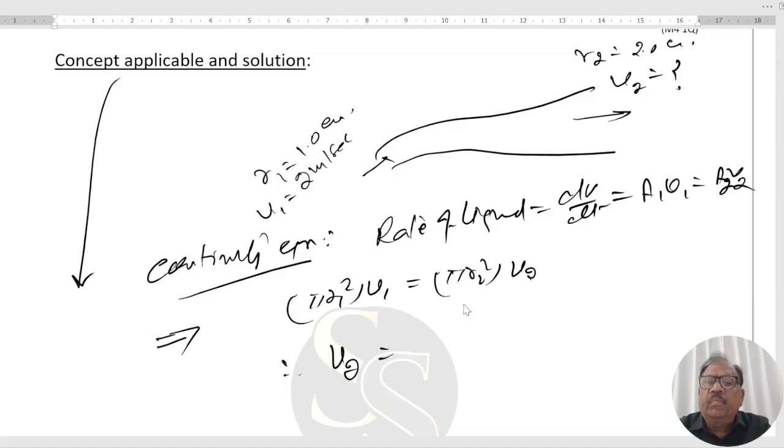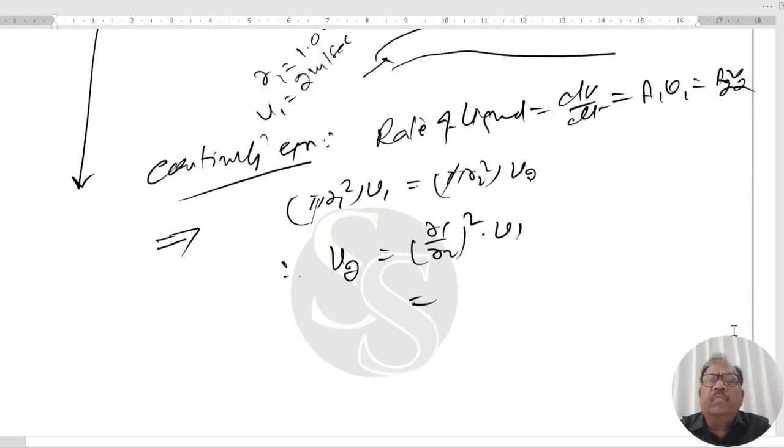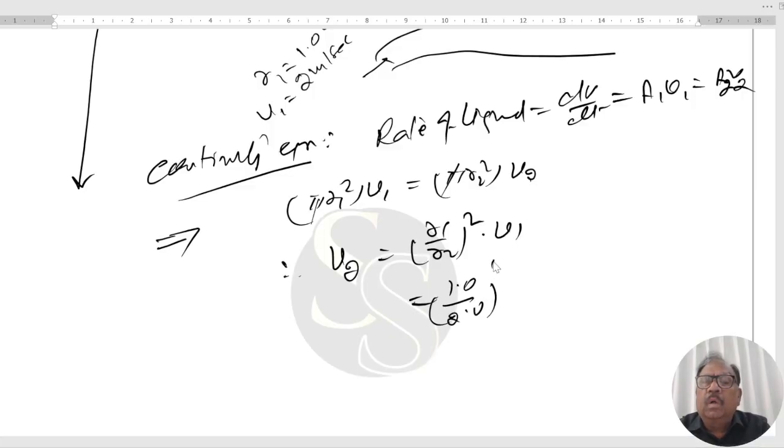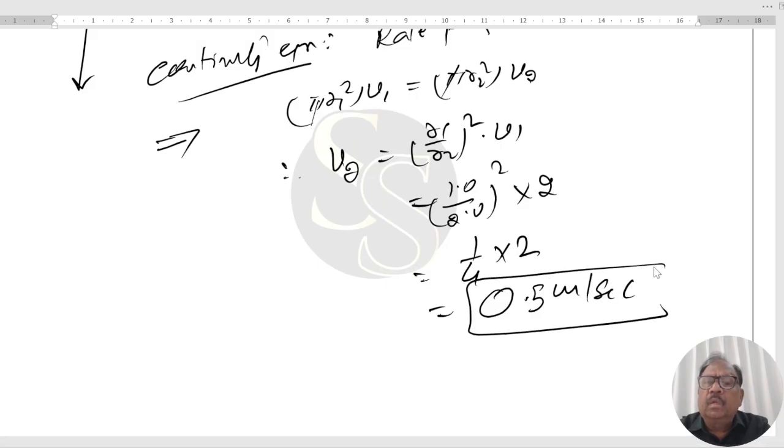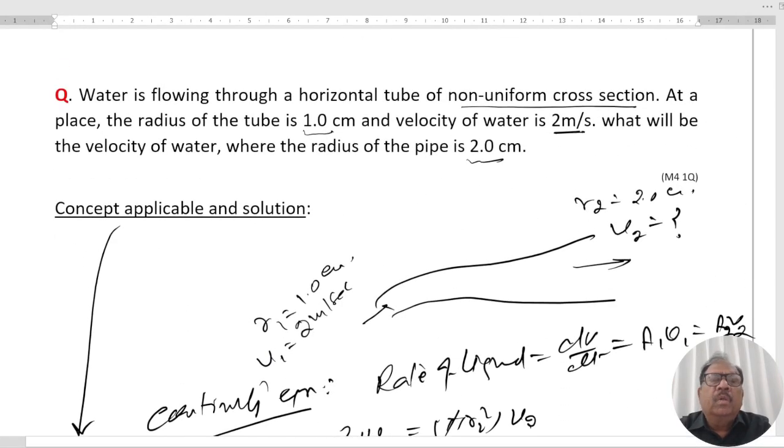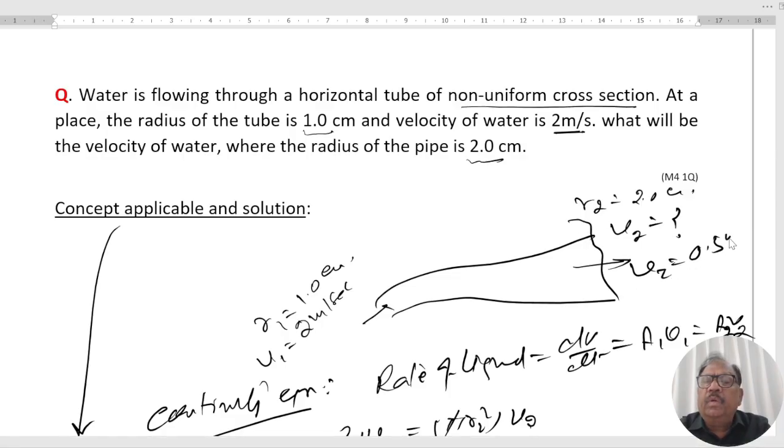Therefore, V2 comes out to be R1 over R2 whole square into V1. This comes out to be 1.0 over 2.0 whole square into V1, that is 1 by 4 into 2. That comes out to be 0.5 meter per second. Means the velocity of water where the radius is larger will be 0.5 meter per second. Right?